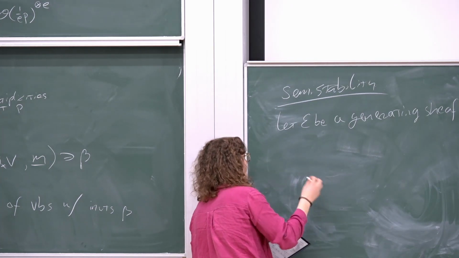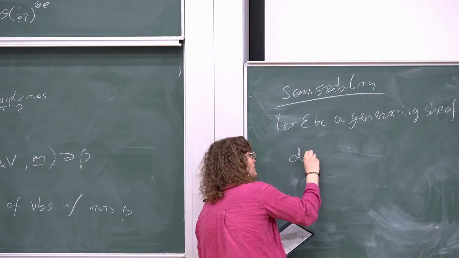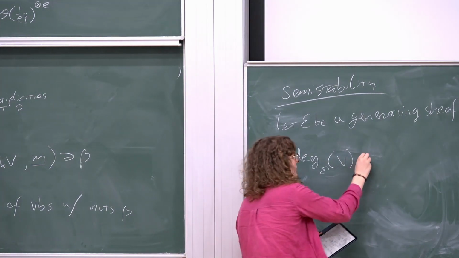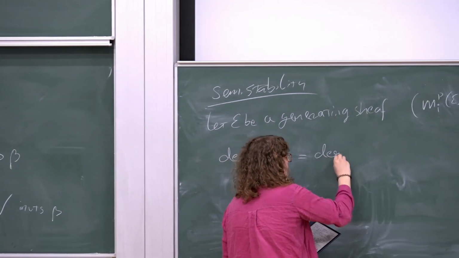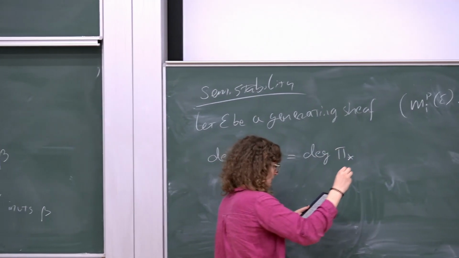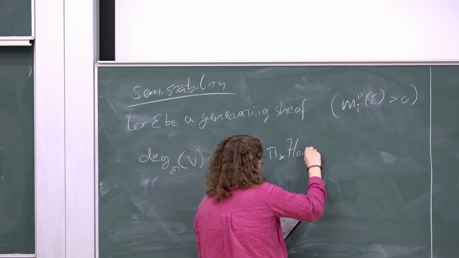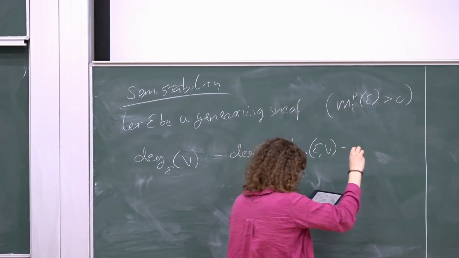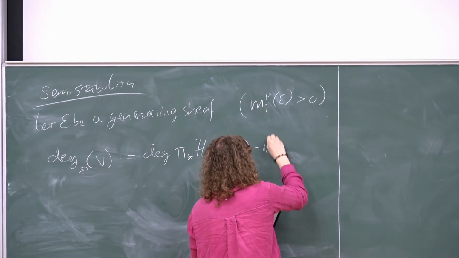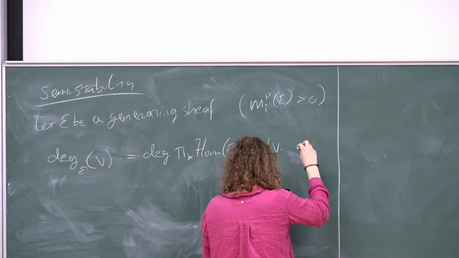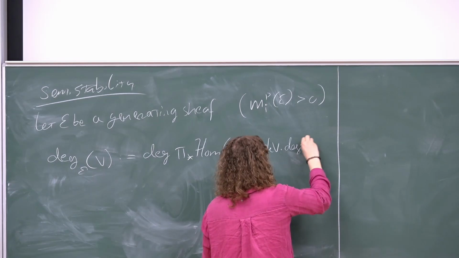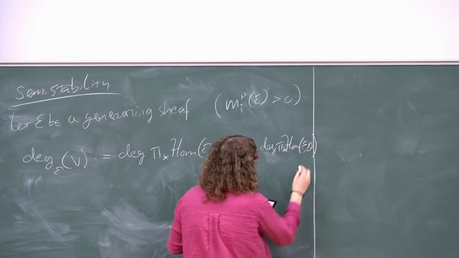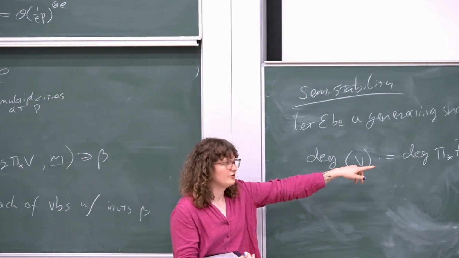Then using a thing like this, we get the E degree. So the E degree of a vector bundle is defined as the degree of some horrible formula. I'll write it for you. So we can define this E degree.